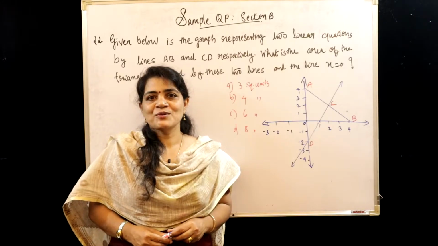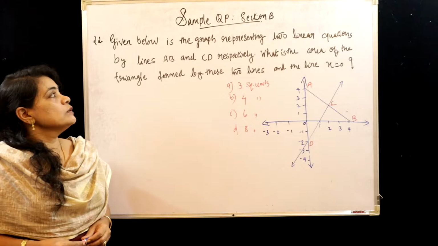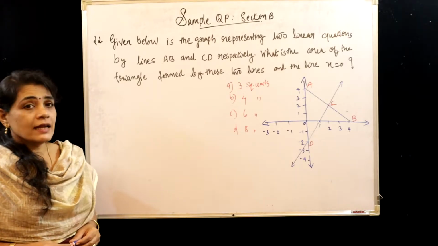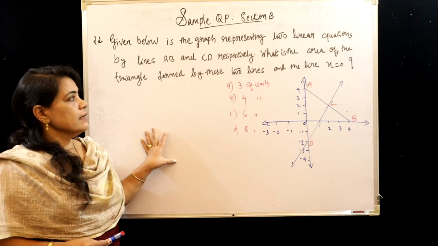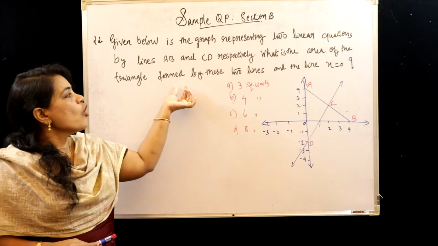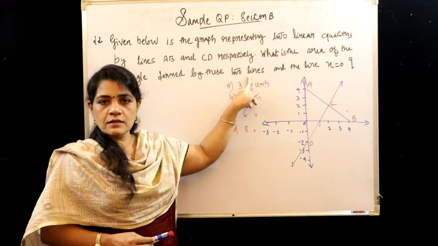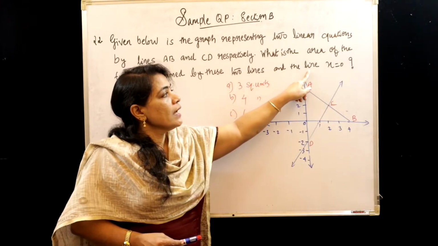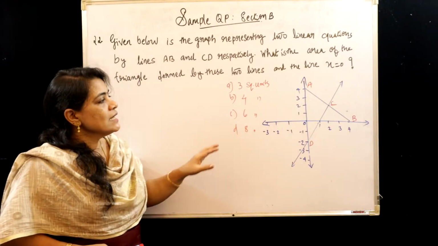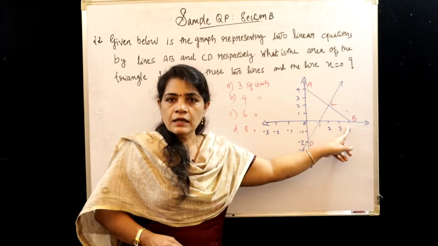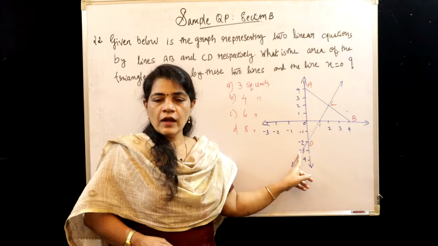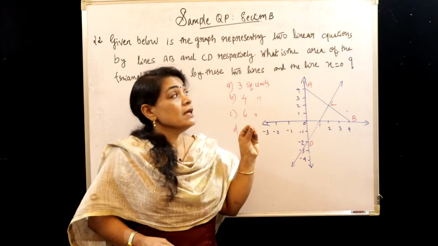Now the 22nd question. Given below is the graph representing two linear equations by lines AB and CD. What is the area of the triangle formed by these two lines and the line x equal to 0? That means here we have AB as a line segment and CD, and we have to get that equation.